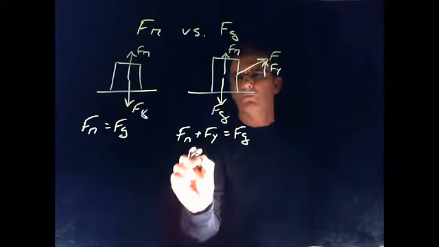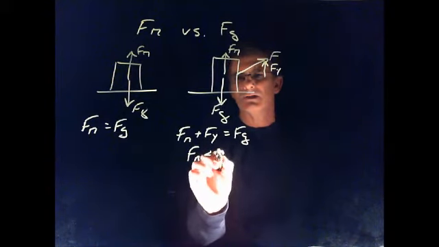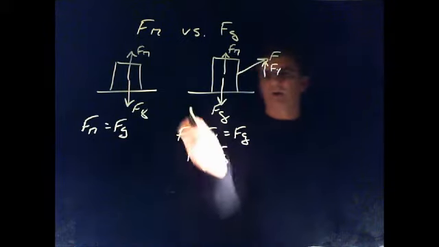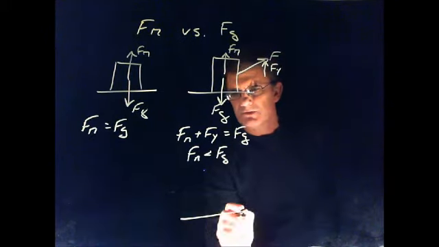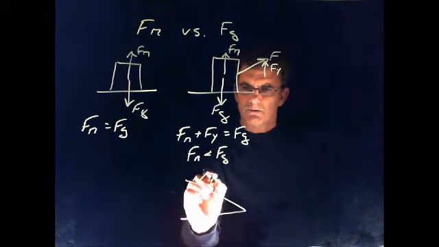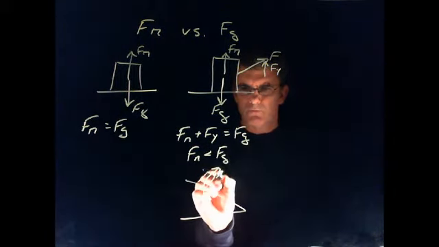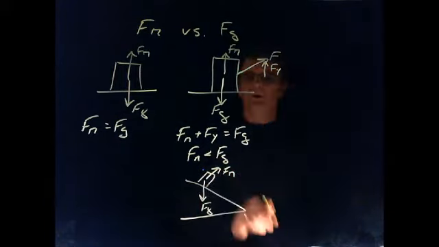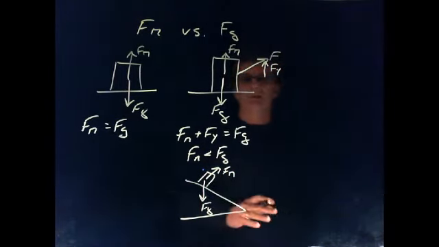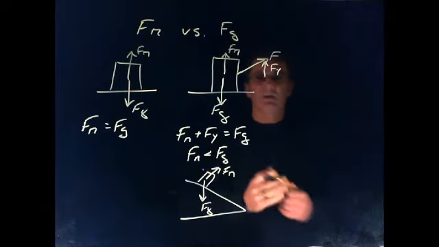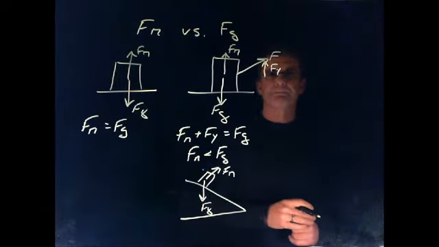So here, normal force is less than gravity. A box on an incline, we have the same situation. Gravity is straight down, normal force is perpendicular, so normal force is balancing a component of the gravitational force, so it's less than gravity here again.